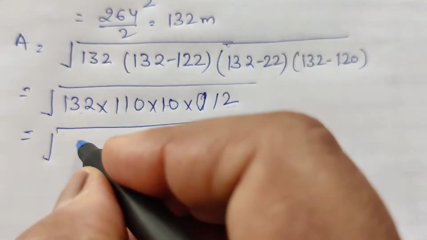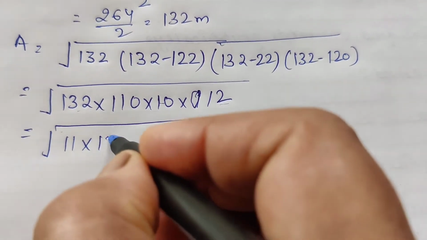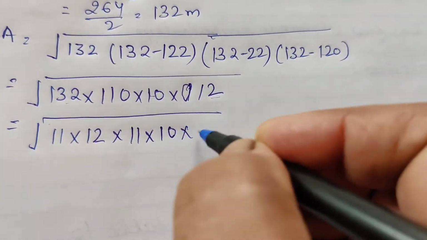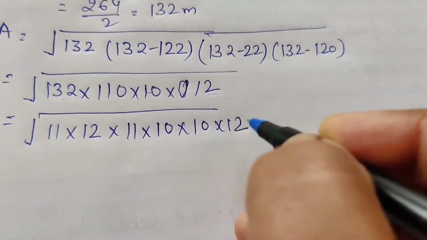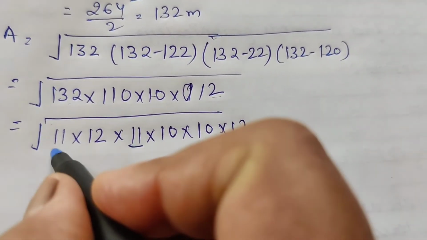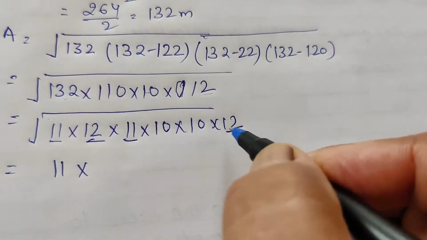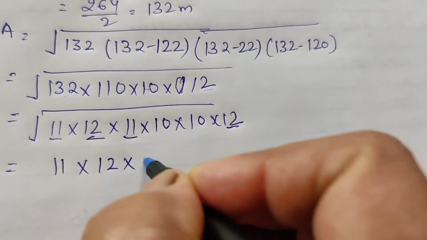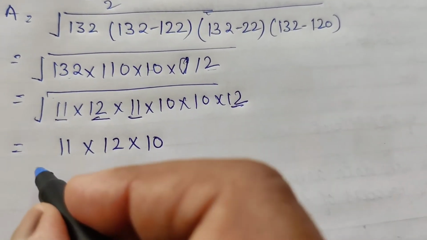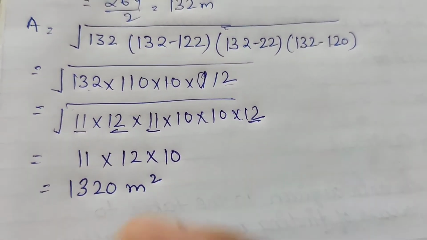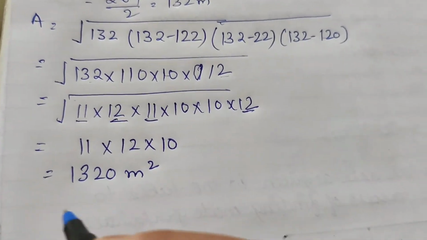We can write 132 is 11 into 12, 110 is 11 into 10, 10 and 12. Making pairs: 10, 11, 12 and 10. The square root of this number is 1320 meter square.